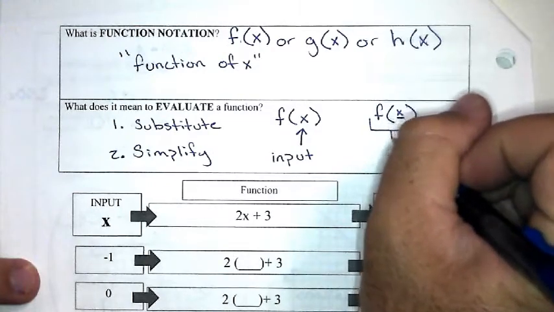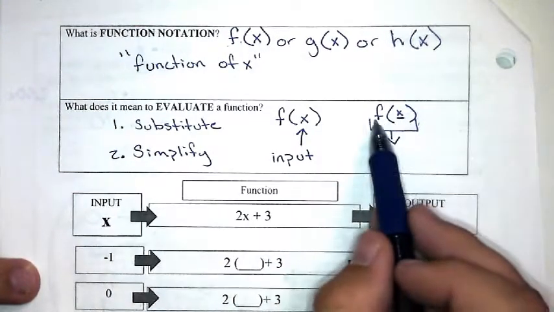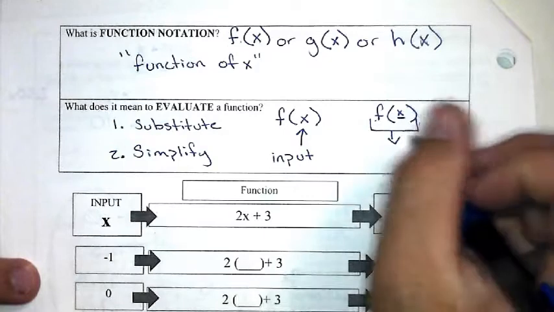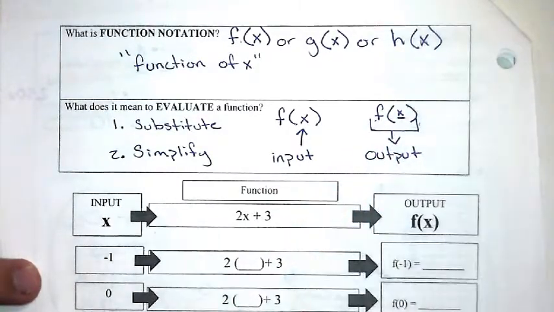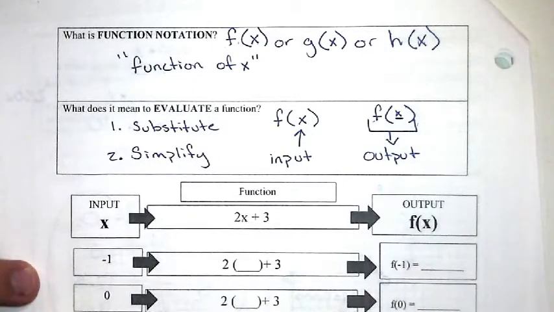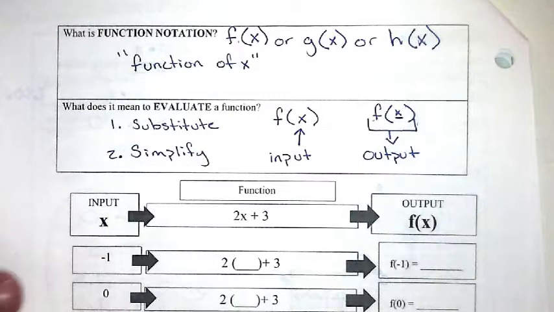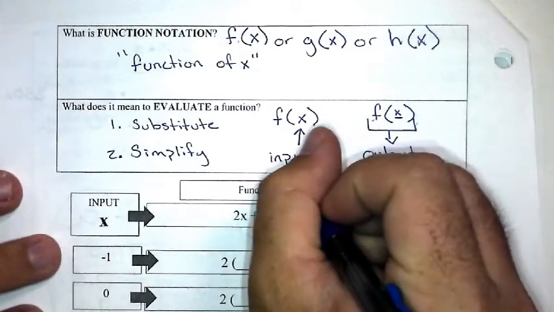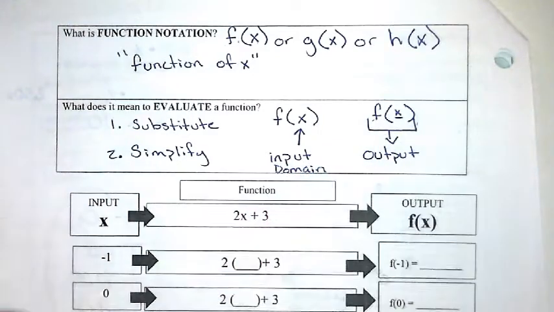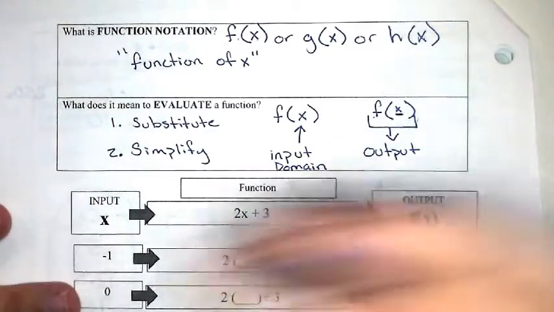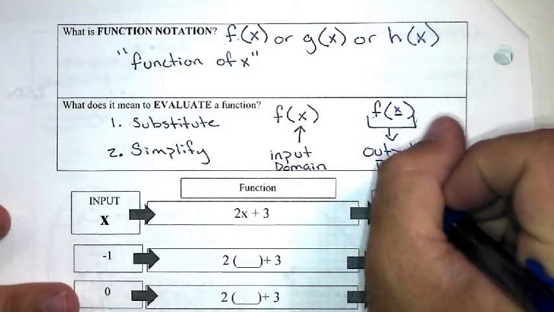This entire thing is our output. Input is your domain. Output is our range.